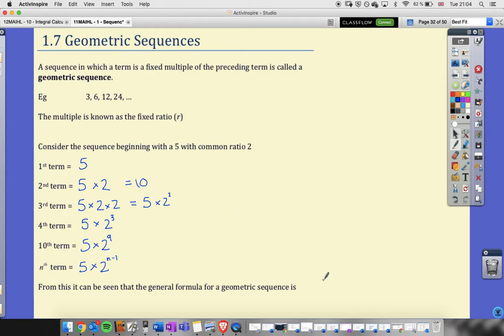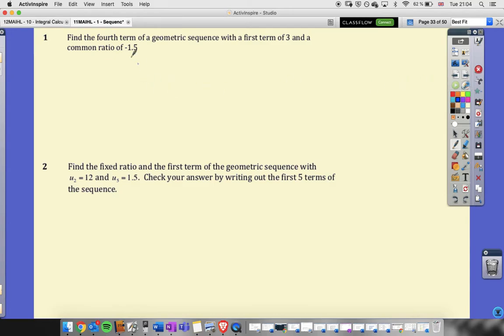So a general term for our geometric sequence would be to take the first term, u1, and multiply it by r, the common ratio, raised to the power of n minus 1.